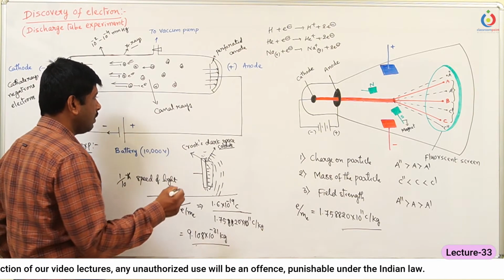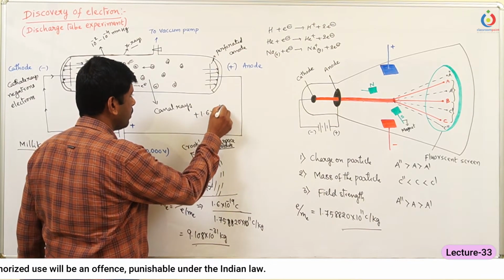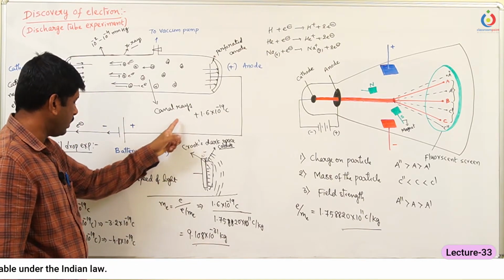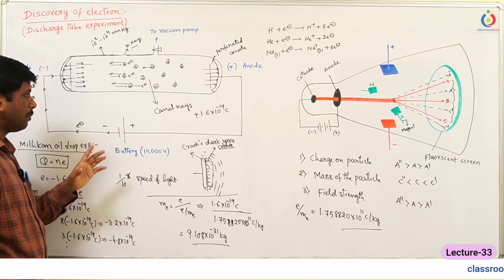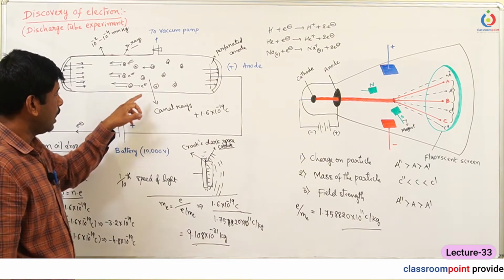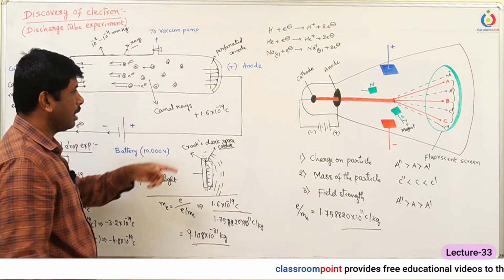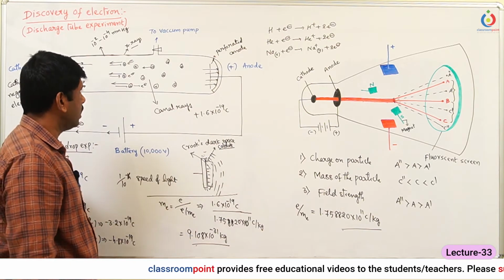Their charge was given as plus 1.6 × 10^-19 coulombs. Both electrons and protons have the same magnitude of charge but with opposite sign. These canal rays are also deviated by applying electric and magnetic fields, just as was done for electrons in the charge to mass ratio calculation.